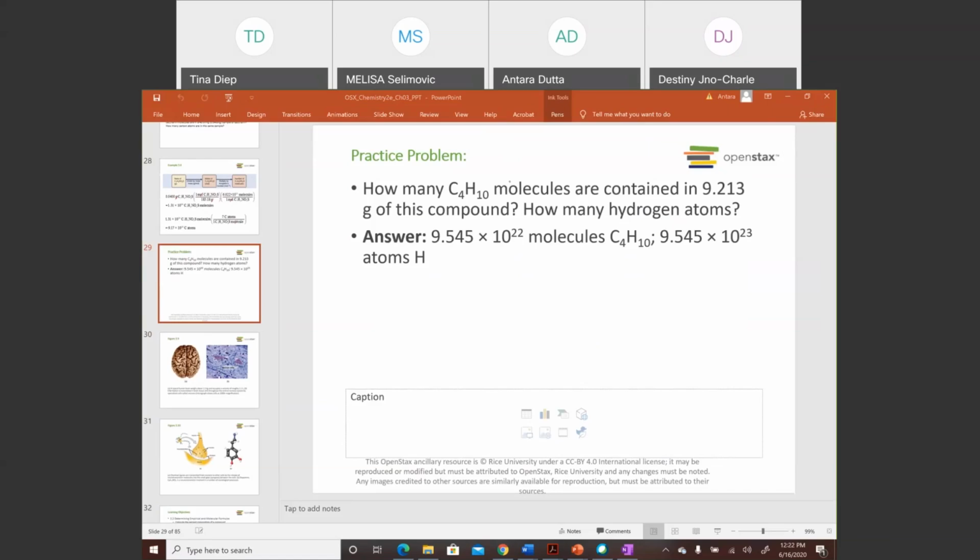Same, and then you multiply by Avogadro's number to get the molecules. So I got 9.517 times 10 to the 22. They have 9.545. Did you guys get 9.517 times 10 to the 22?